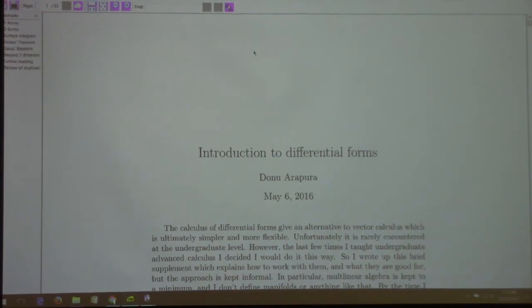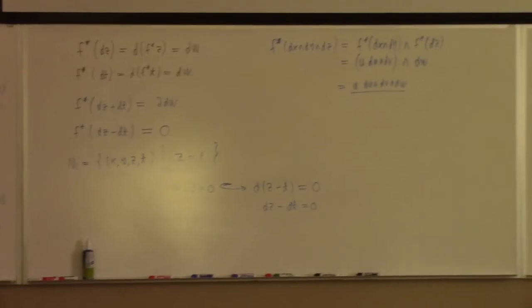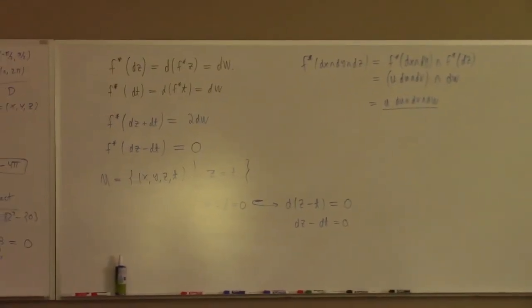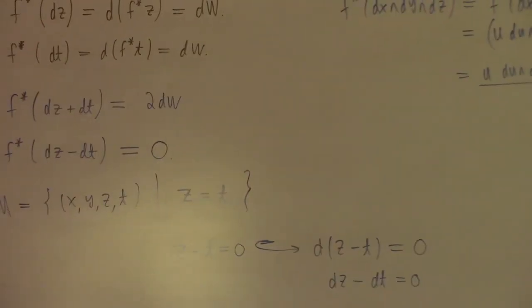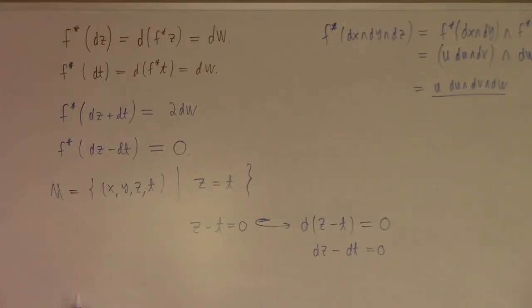So let us switch it up here and change gears a bit. I want to talk to you now about a great mystery, which is why we use vector fields in Calculus 3.